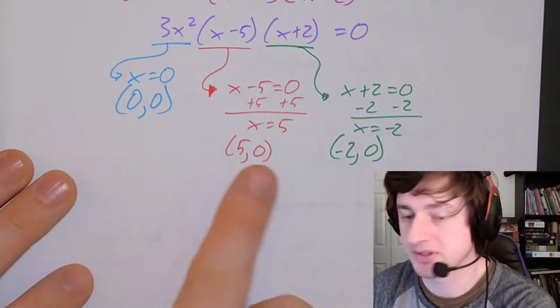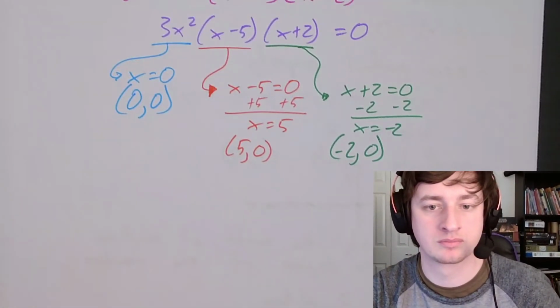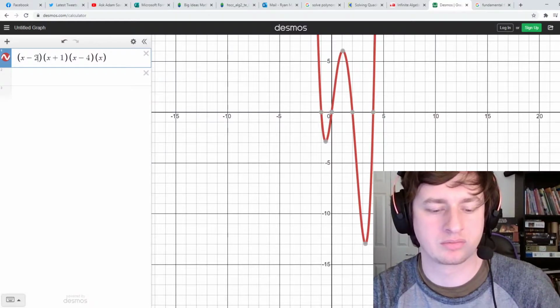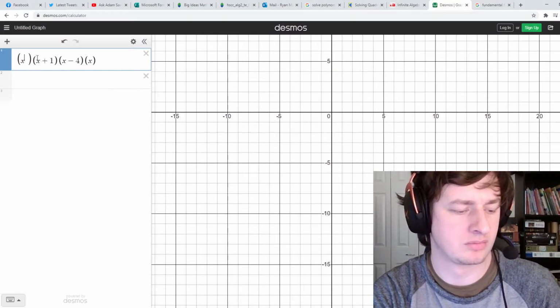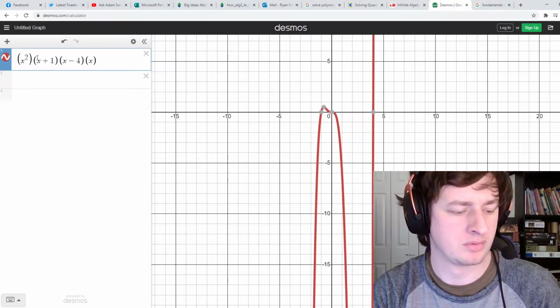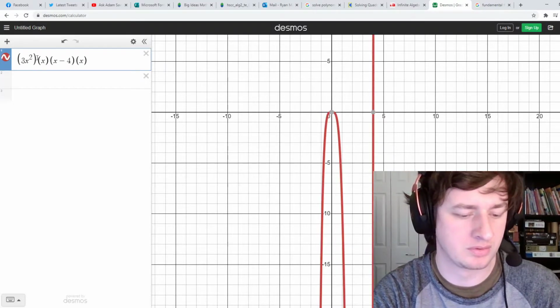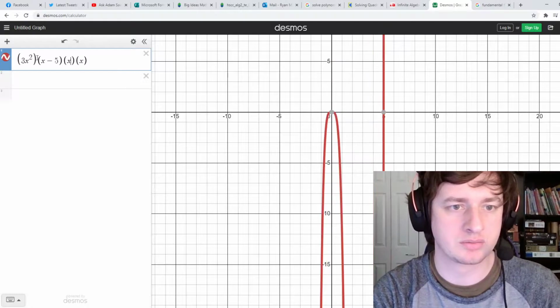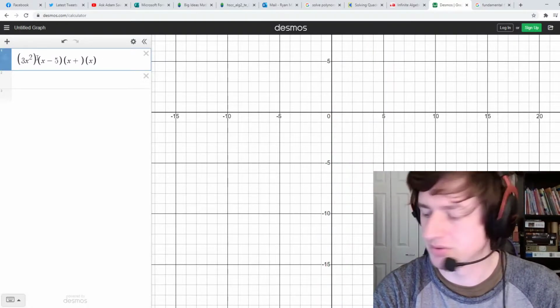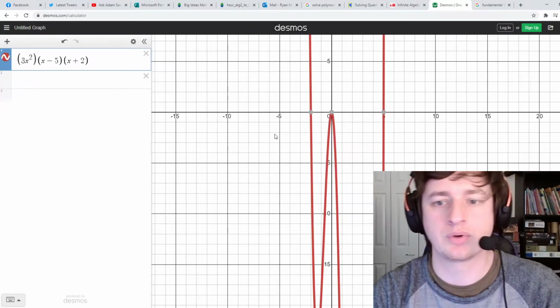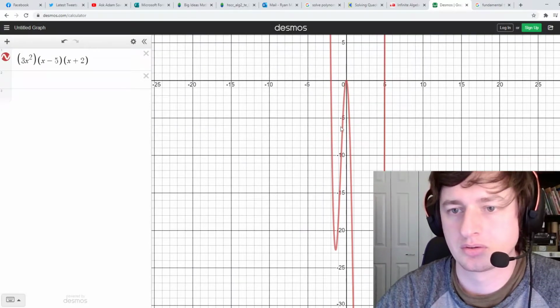Okay, if we graph this, so we had 3x squared, x minus 5, and x plus 2. If we graph this, we get this function, right?